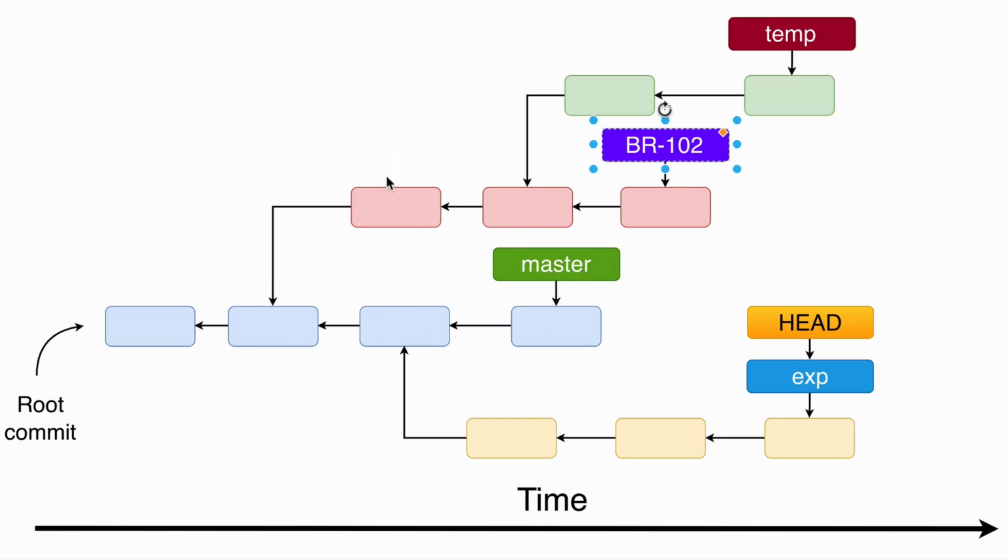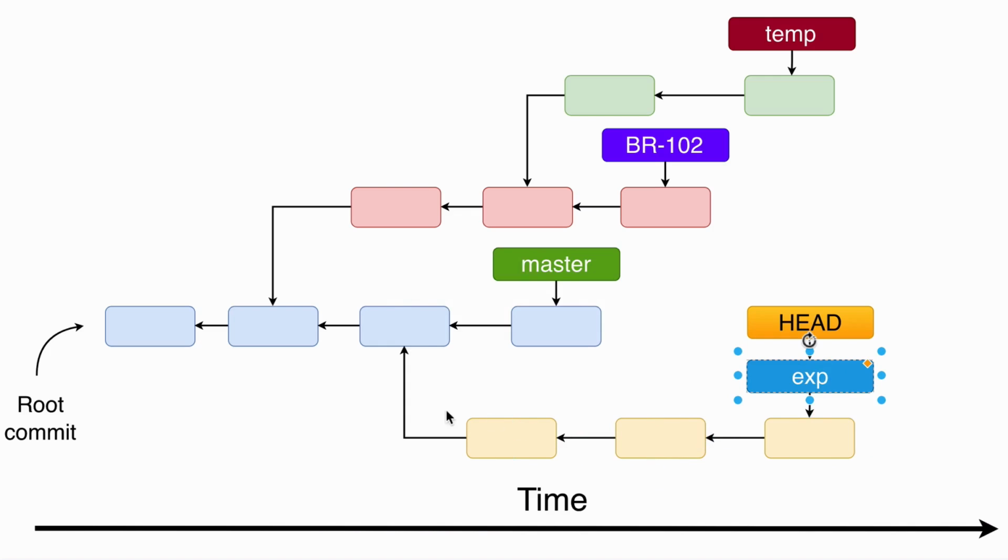And notice that for example this commit and this commit were made at different moments of time. That's because now those two branches, BR102 and master, are independent, and you can make commits in those two branches at any moments of time. In the same way, we can create another branch, for example a branch called EXP, experimental.